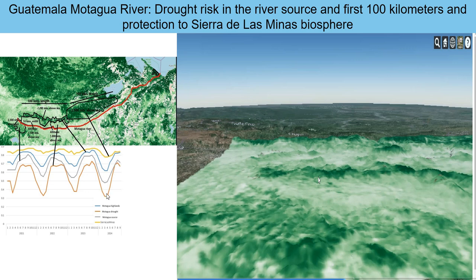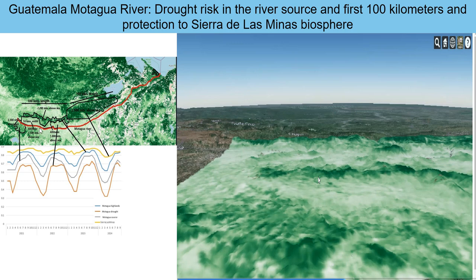Even in the year 2024, it drops below 0.40, which represents a high risk of drought for the river all along the river flow between the source and the ending of the river mouth in the Atlantic Ocean. So this is a very high risk region of all the flow of the river.